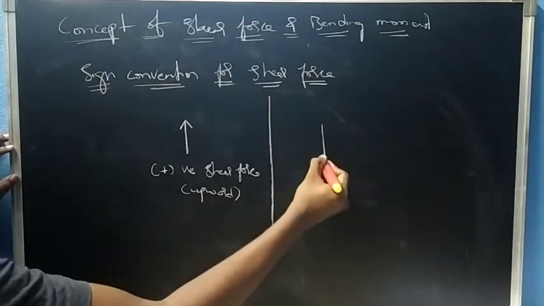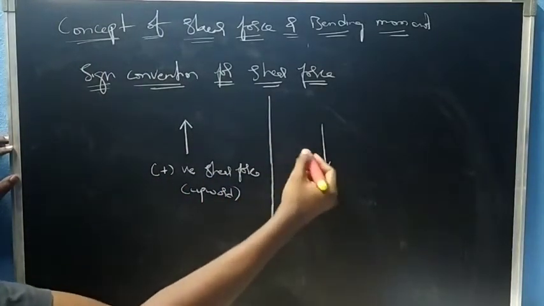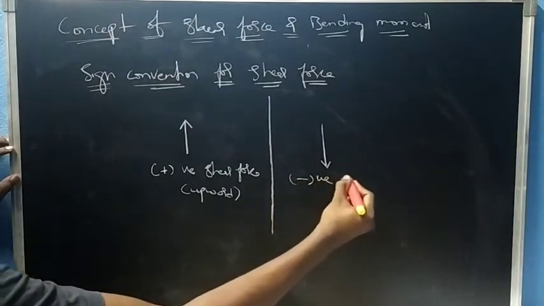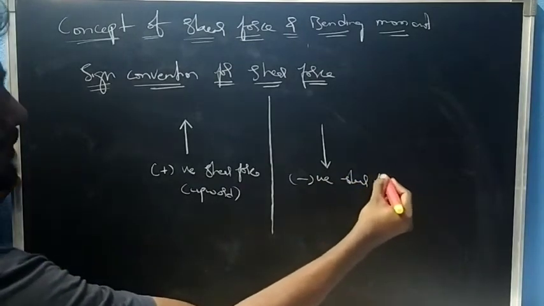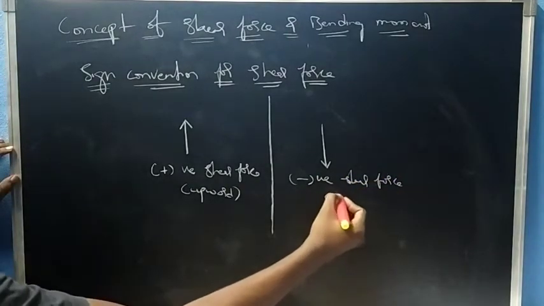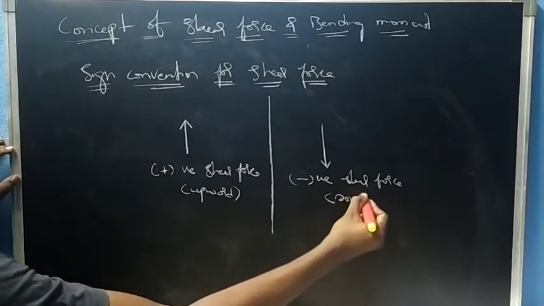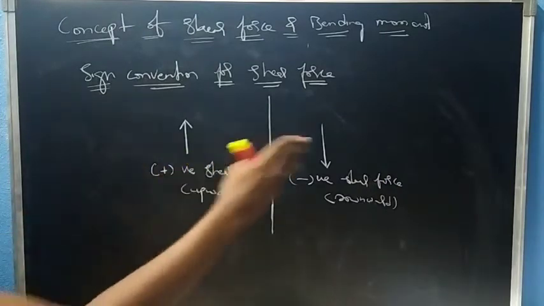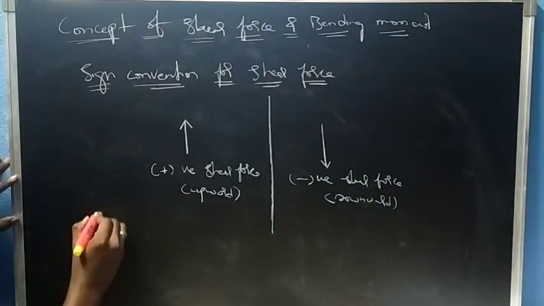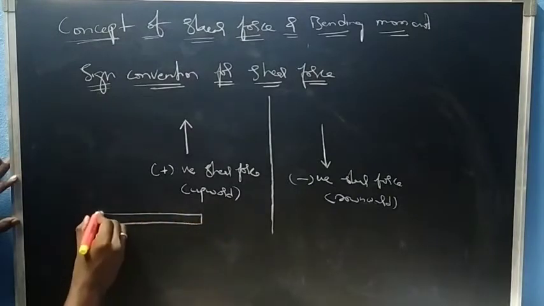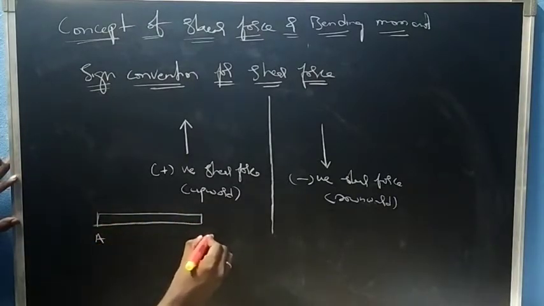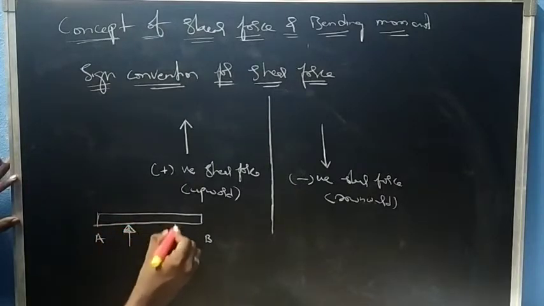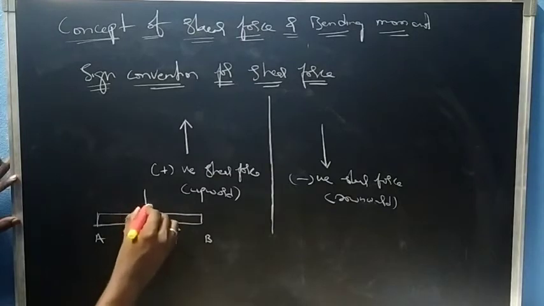So next we have a downward direction. We take it as negative shear force. Downward direction, okay? So for this we take positive, for this negative. For example, let us consider a beam AB supported, with support reactions here, here and here.